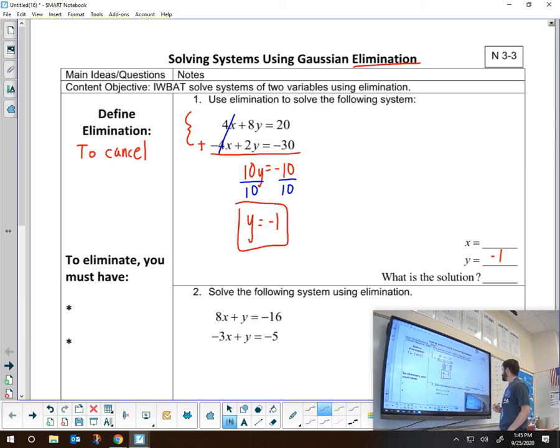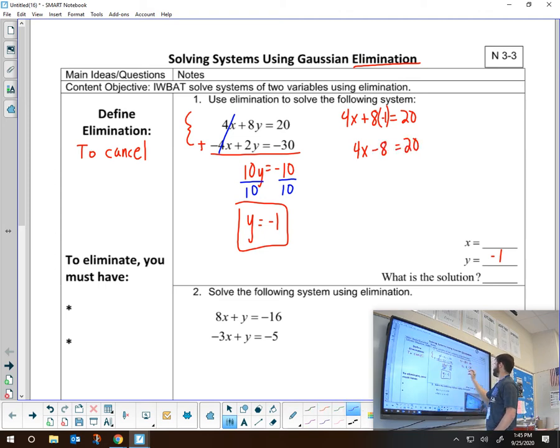Y equals negative 1. Now, I still have to take one of my original equations and plug y back in for it. So I'm going to take 4x plus 8y equals 20. And instead of having this y here, I'm going to plug in this value for y, which is negative 1. Okay, 8 times negative 1 is negative 8, so we're going to have 4x minus 8 equals 20.